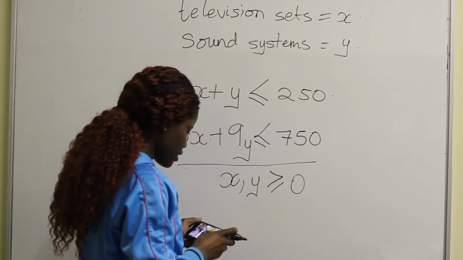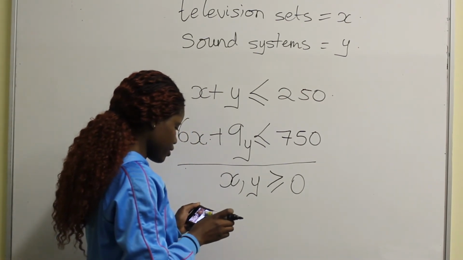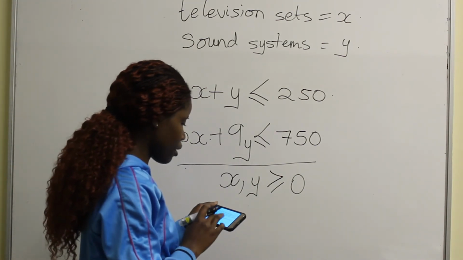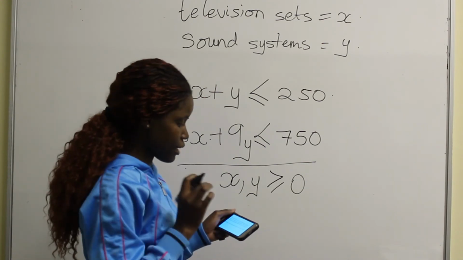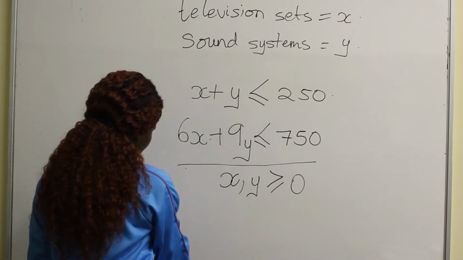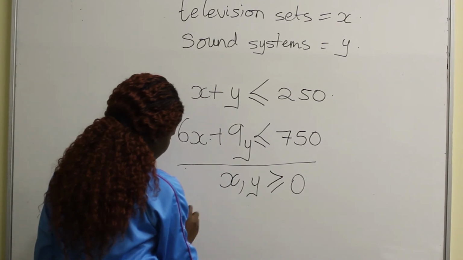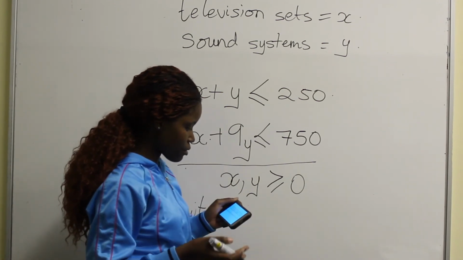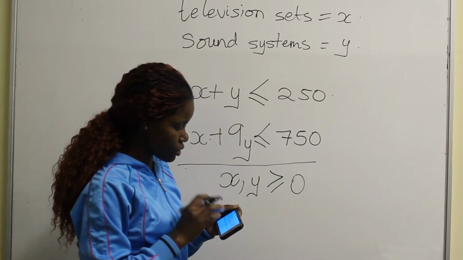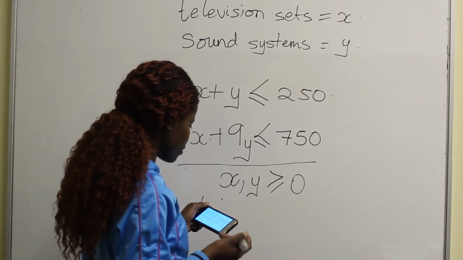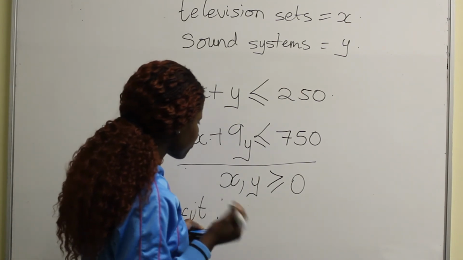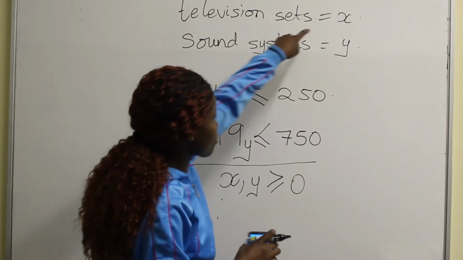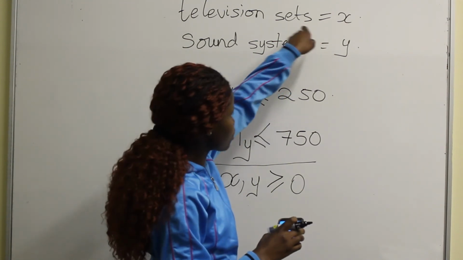Therefore, we move forward to our question. It says, formulate a linear programming problem of obtaining production quantities to maximize the profit. My profit: 3,000 is connected to television sets. Therefore, for me to acquire 3,000, I would have sold television sets.